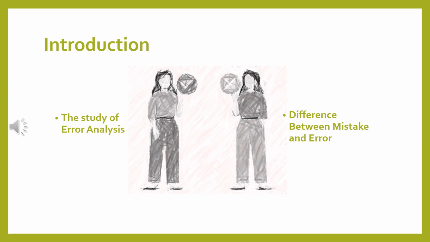When we analyze errors and mistakes in people's speech, the idea is not to point at the subject who is making these errors or these mistakes. The idea is to use these problems in order to make the student aware that he's making mistakes or errors and improve his overall speaking abilities or language production in general.